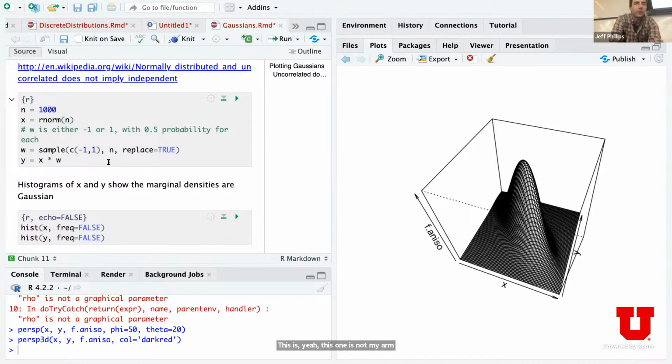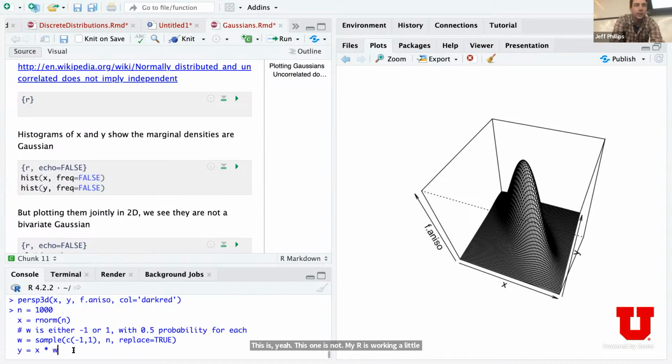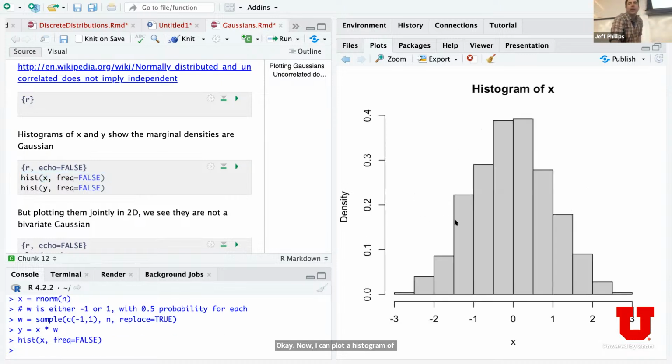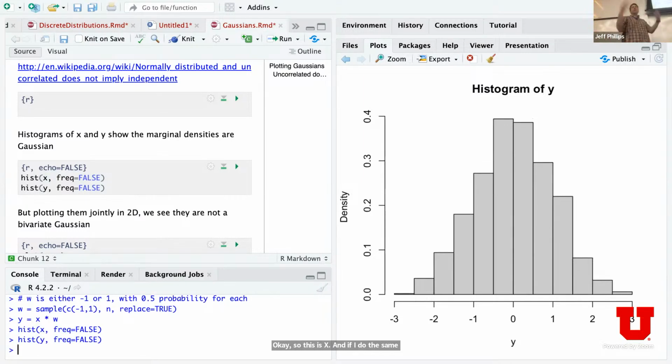My R is working a little bit wonky today. Okay, and now I can plot a histogram of X. So this is X, and if I do the same with Y, they both kind of look the same. I've discretized, chunked up a normal distribution.